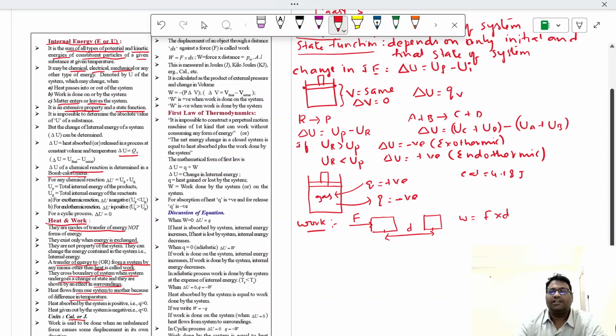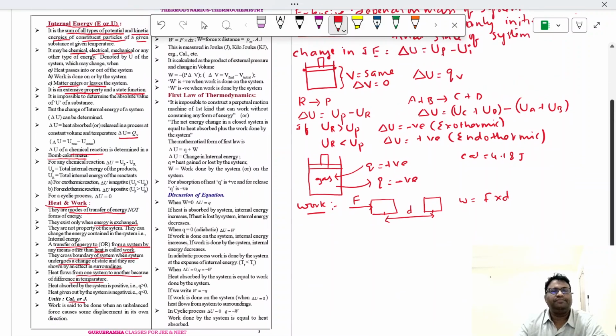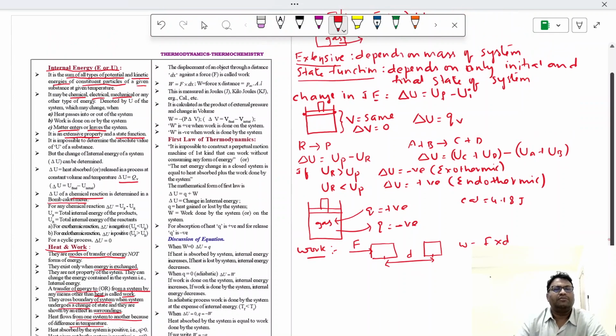So this is mechanical energy. Here we are speaking about the work done, mechanical work done, or we can also say that it is PV work done, P into V.